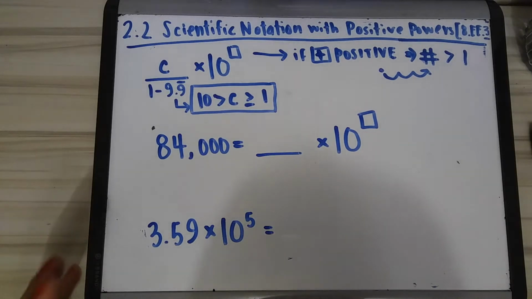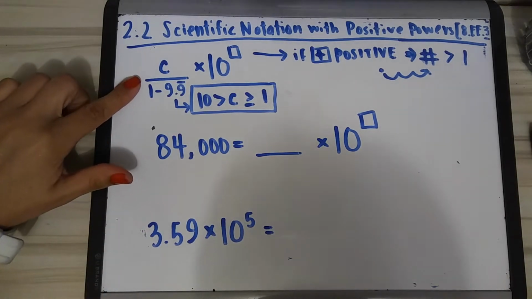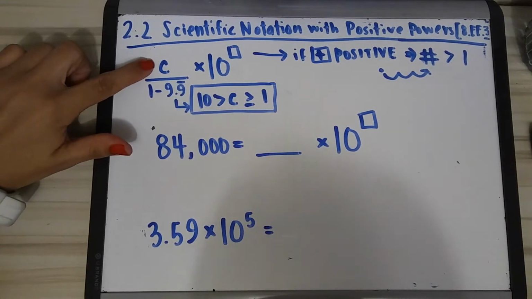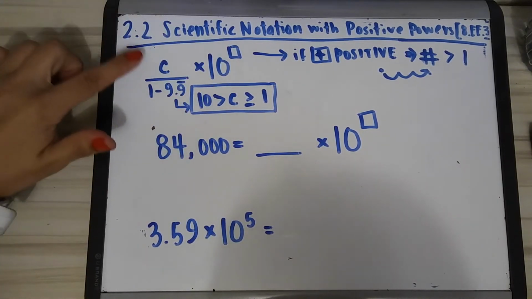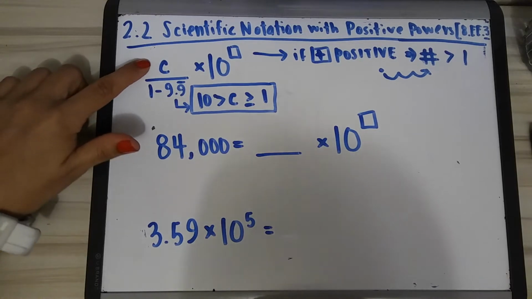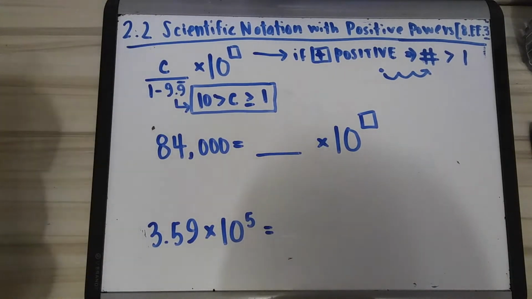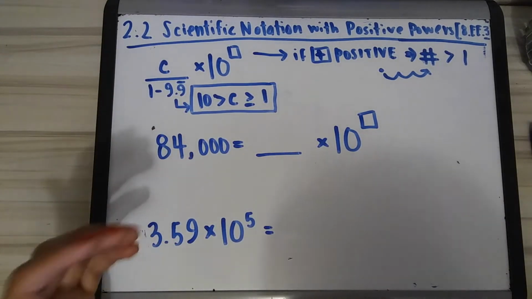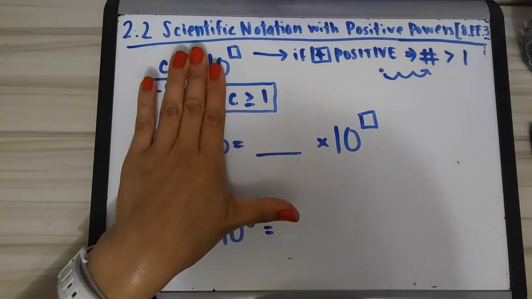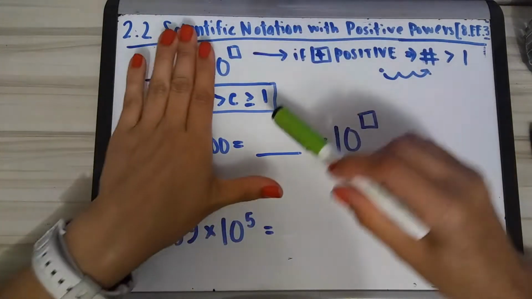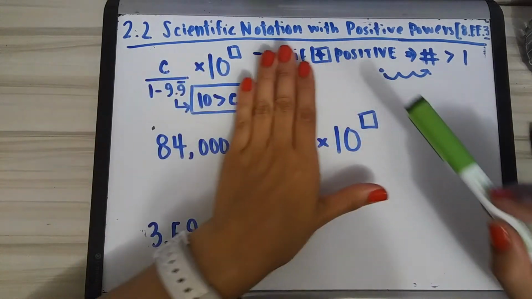Okay, so scientific notation again is a method that we use in math and science to express very large or small numbers. Okay, and we express them as a product. So I'm going to use C for the factor. We're multiplying by a number that is greater than or equal to 1 but less than 10. So C, the number that goes right here, has to be greater than or equal to 1, but it has to be less than 10.